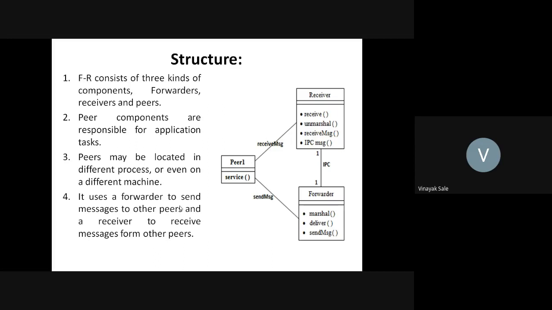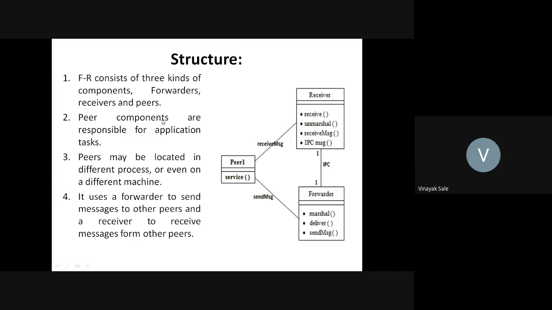Then this is the structure of peer interprocess communication: from peer to forwarder, forwarder to receiver, receiver to peer. So the FR communication, that is forwarder-receiver communication, consists of three kinds of components: forwarders, receivers, and peers.